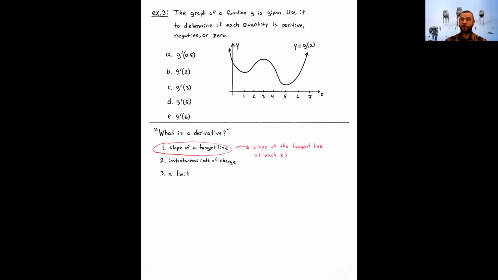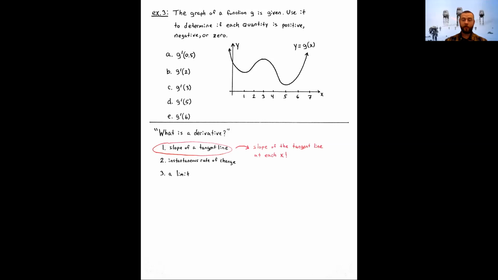Now how do we go from the given information, the graph of the function, to what the question is asking us to determine, our positive, negative, or zero derivative values? Well, we're going to use our graph, look at each x-coordinate within the function notation for the derivative, and then look on the graph at that x-coordinate if the slopes of the tangent lines are positive, negative, or zero.